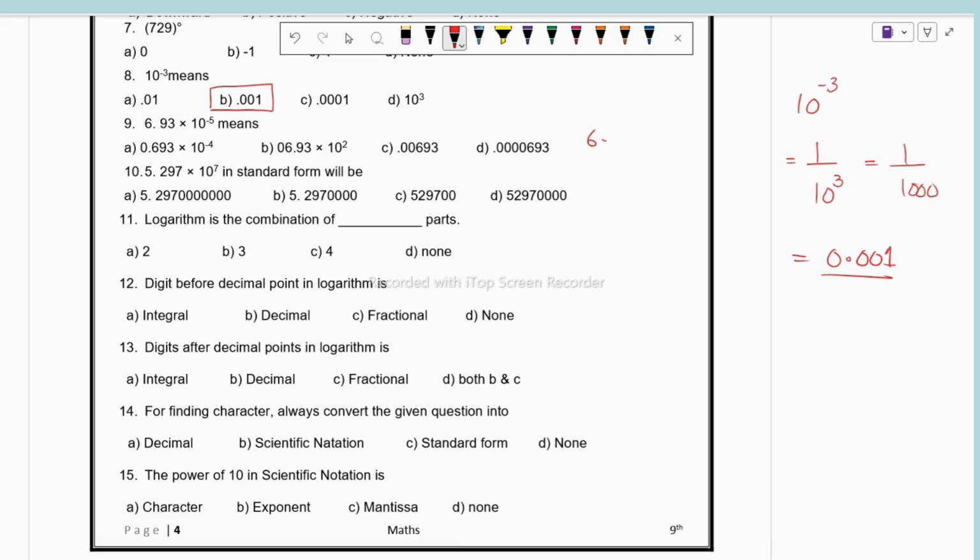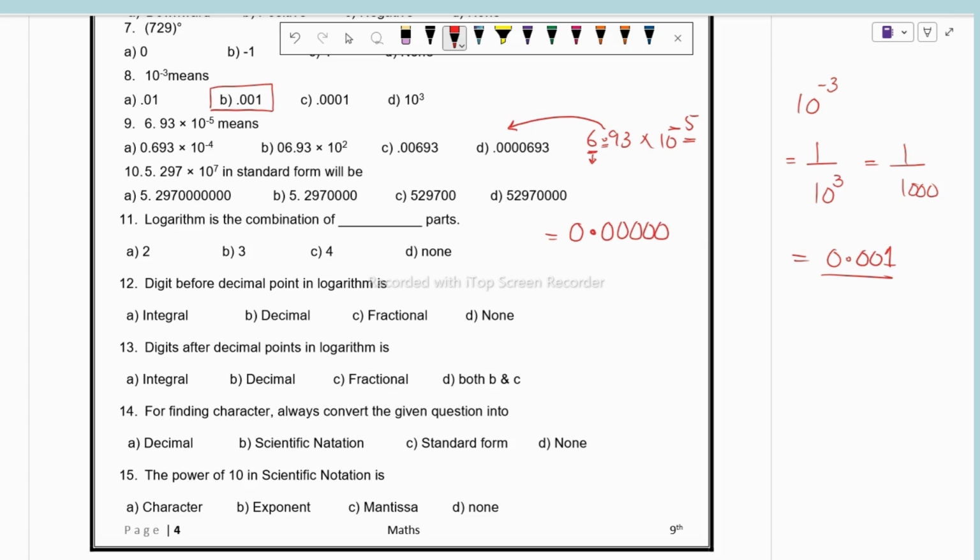For 6.93 times 10 raised to the power minus 5, we have already discussed that if the power is negative, then we move the decimal towards the left side. We will move the decimal 5 digits. The one digit is 6 and the other digits will be zeros, just for filling the places. So 0.1, 2, 3, 4, 5.